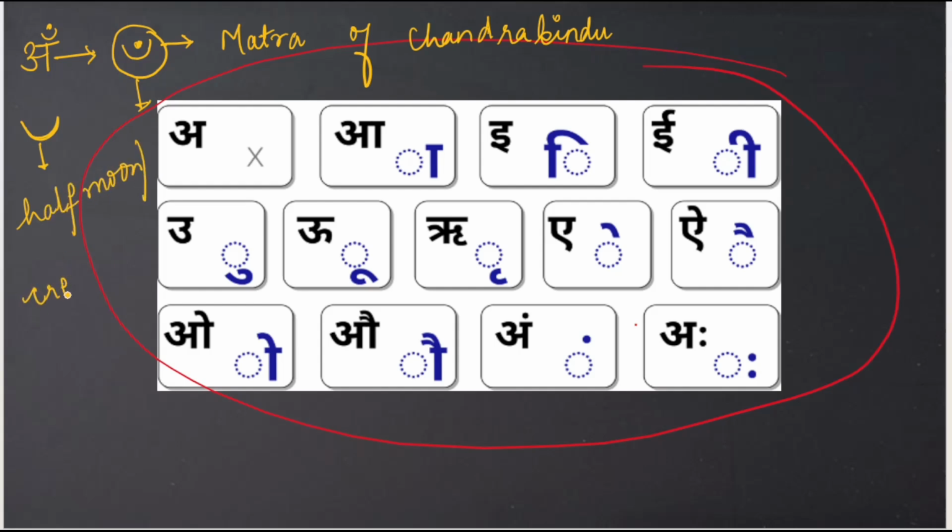Chandra means moon in the Hindi language.